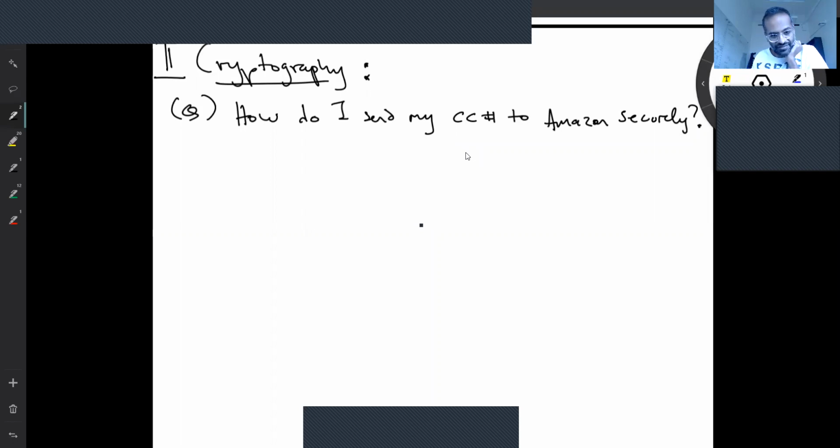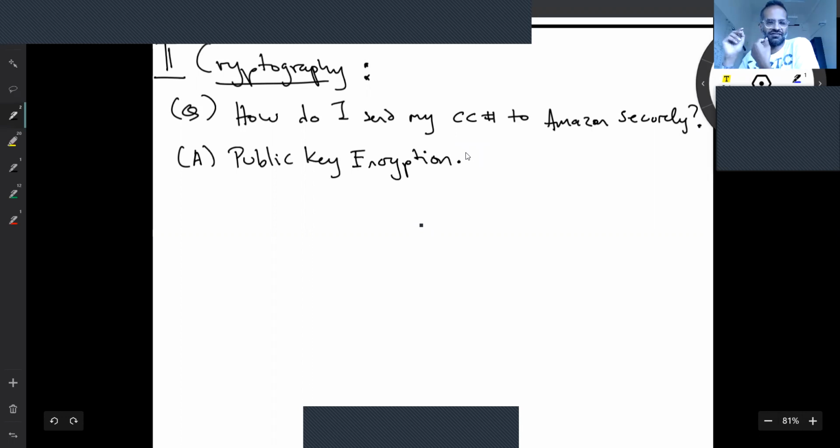The answer to this is something called public key encryption. The reason this is particularly fascinating is I don't have any agreement with Amazon beforehand on some kind of common password that I can use to make this transaction.